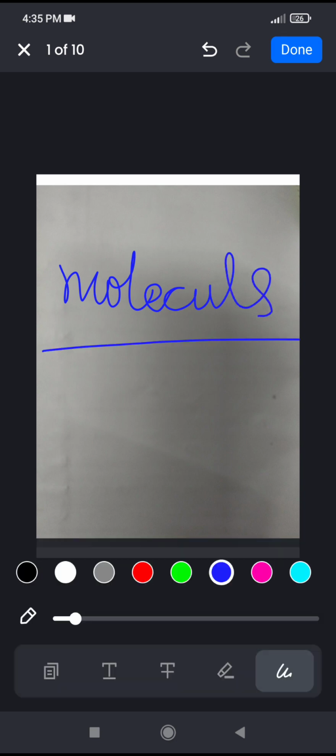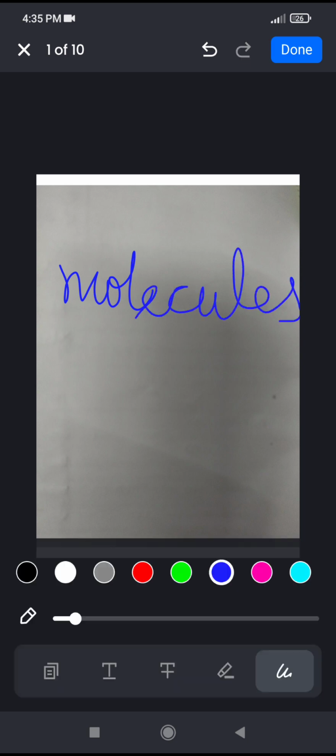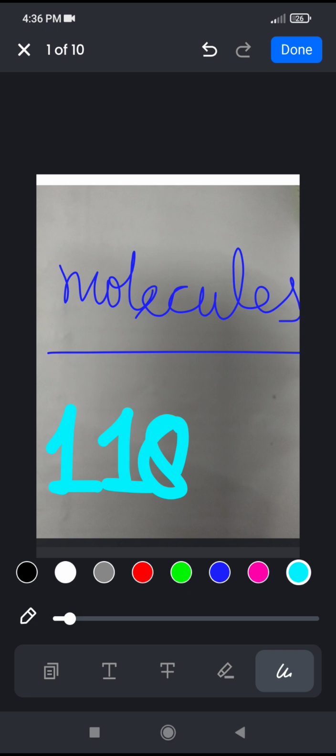So they are saying that molecules, that is, compounds, are made up of just 118 kinds of atoms.